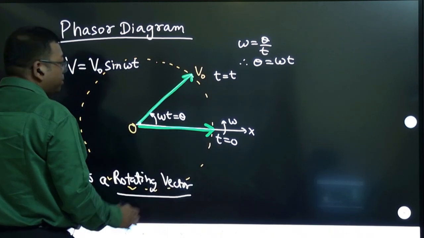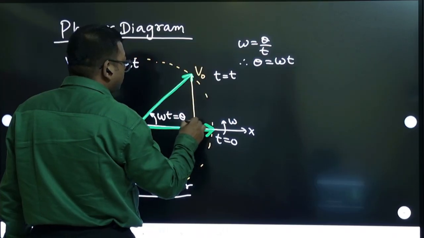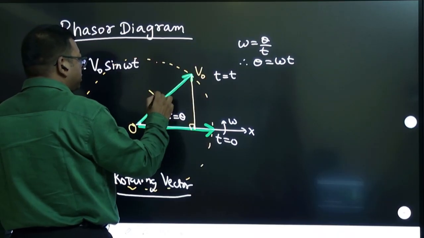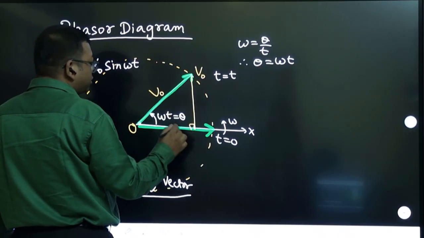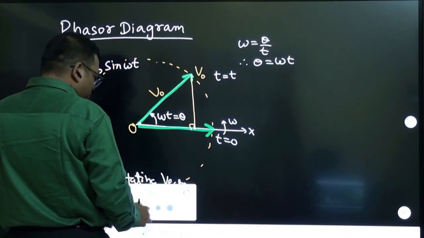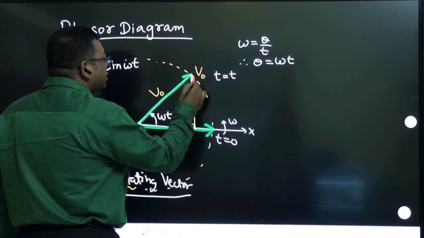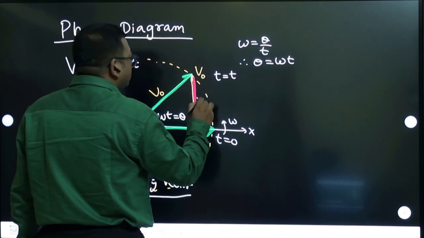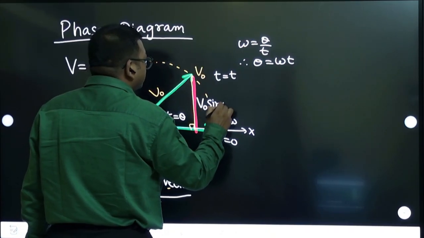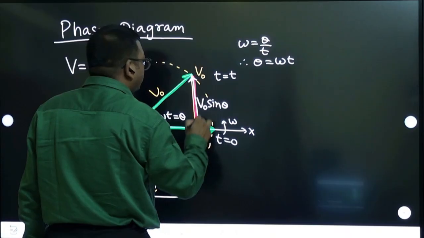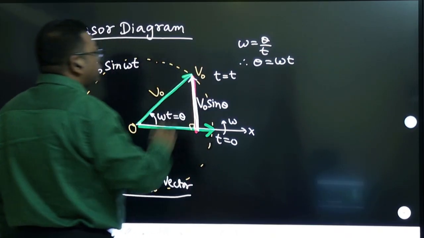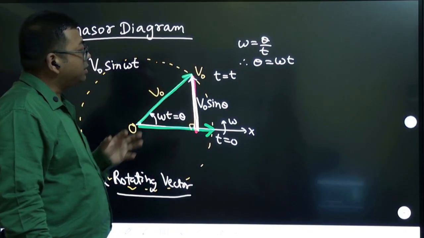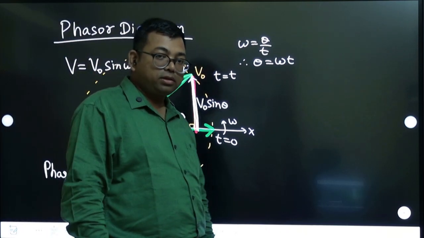You know this distance is V naught, so this is V naught cos theta, and this is V naught sin theta. This V naught sin theta term is the perpendicular component of this vector, and that is what we are interested in.